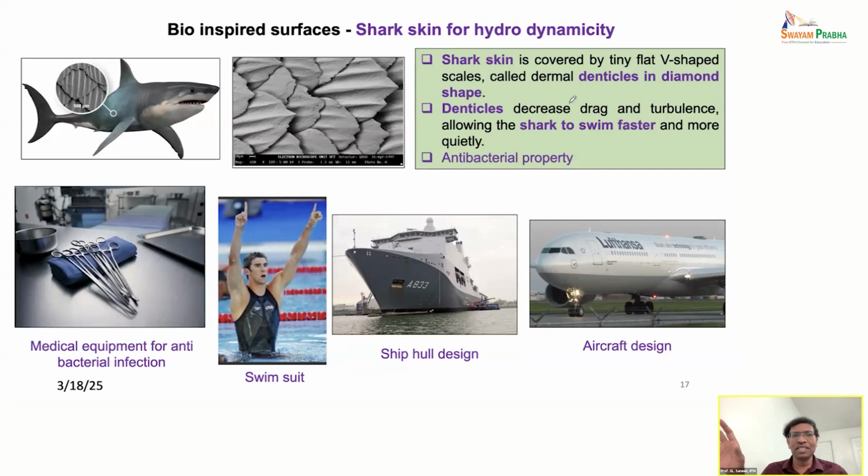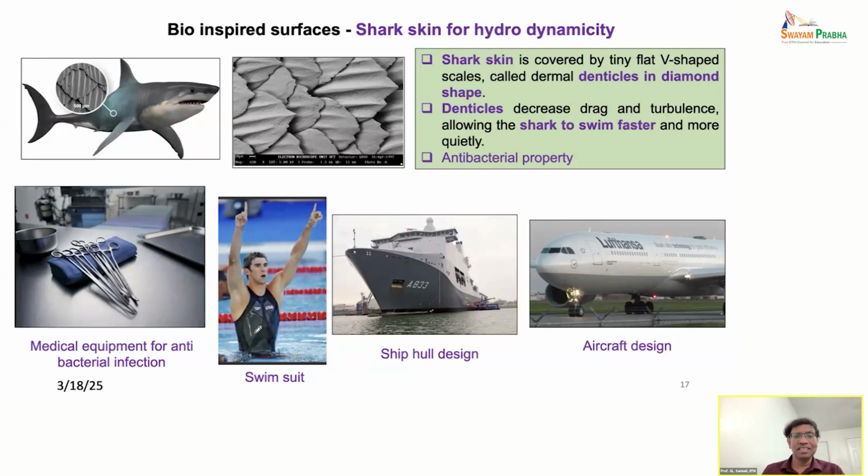Sometimes it looks green, that means it is still alive, or when it dries up, it becomes black, and all the walls get that kind of thing. But in an operation theater, we don't want fungus or algae or bacteria to be there. How do we make that kind of surface? Again, we can get inspiration from nature, and we'll be able to do that.